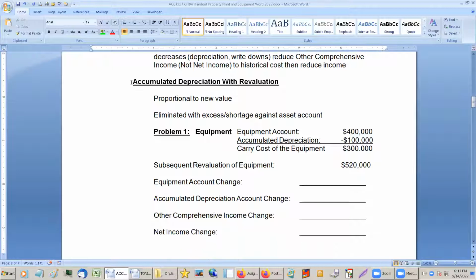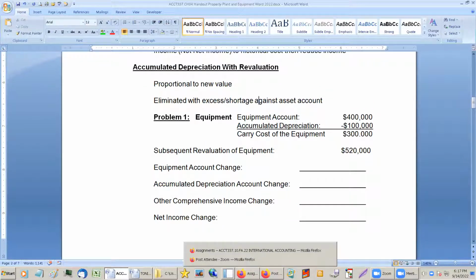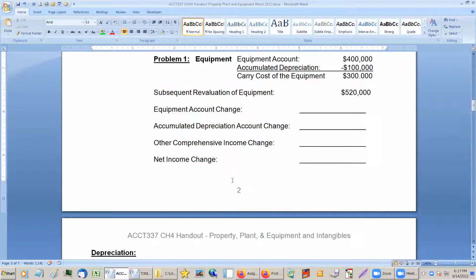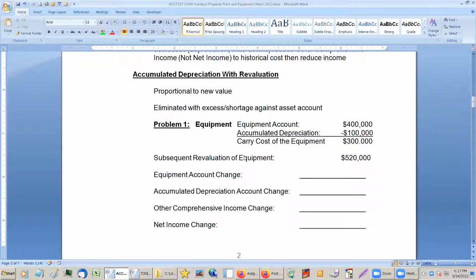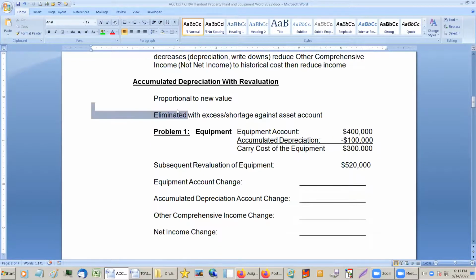Here is a problem that we have. Proportional to value, eliminate shortage or excess against the asset account. Proportional to new value. So let's take a look at this.